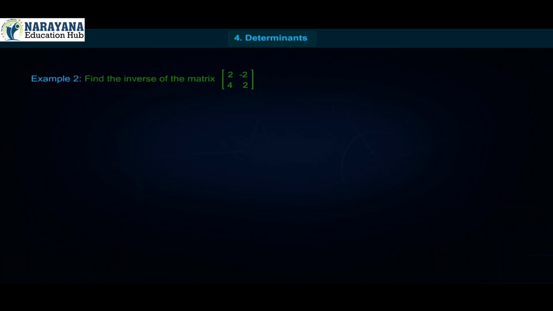Find the inverse of the matrix [2, -2; 4, 3].